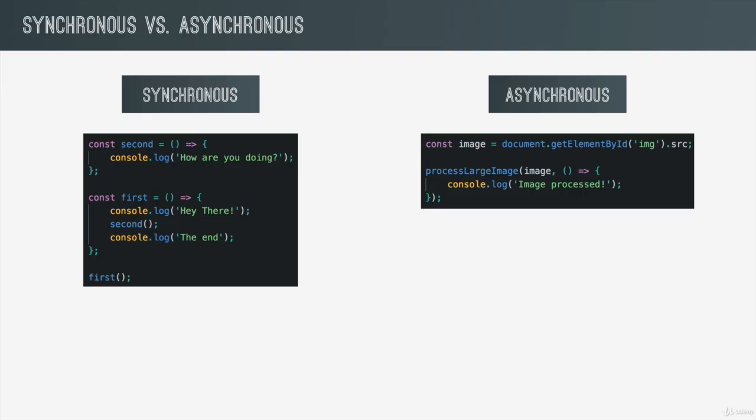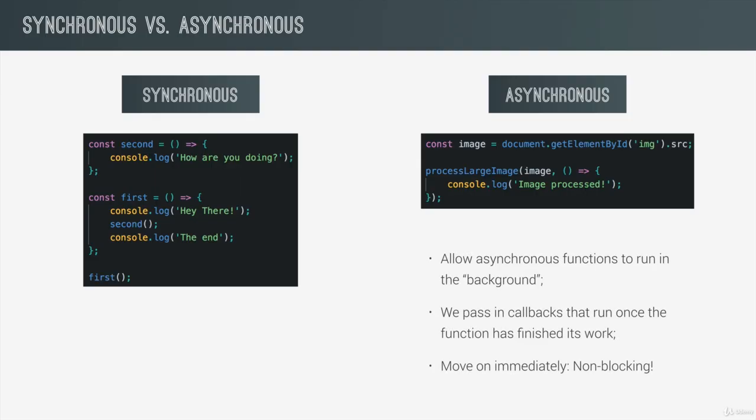So that is the whole philosophy behind asynchronous JavaScript. We do not wait for a function to finish its work and then do something with the result. Instead, we let that function do its job in the background so that we can move on with the code execution. We then also pass in a callback function that will be called as soon as the main function has done whatever it had to do. We then move on immediately so that the code is never blocked, which means that it can keep processing the code in a synchronous way line by line.